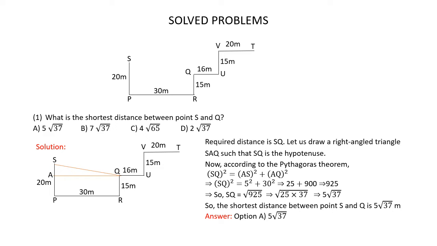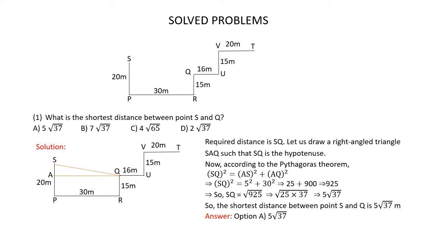is the hypotenuse. Now according to the Pythagoras theorem, SQ squared is equal to AS squared plus AQ squared. Now we know that SP is 20 meters and QR is 15 meters.